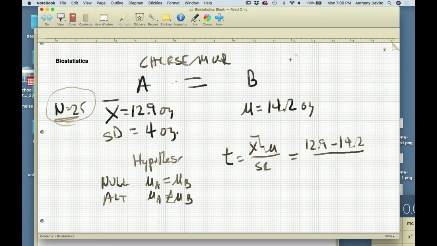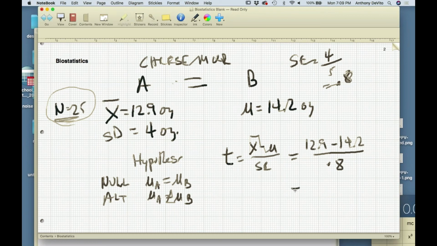So what's the standard error equal to? Standard error is the standard deviation divided by the square root of the sample size, which is 5, and that's equal to 0.8. Okay, so I'm going to divide this by 0.8.